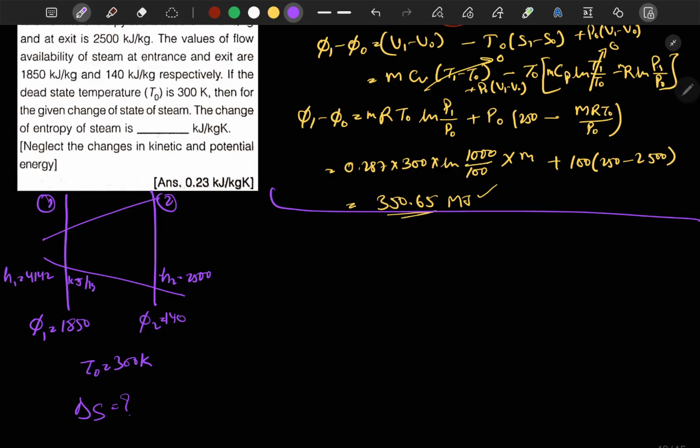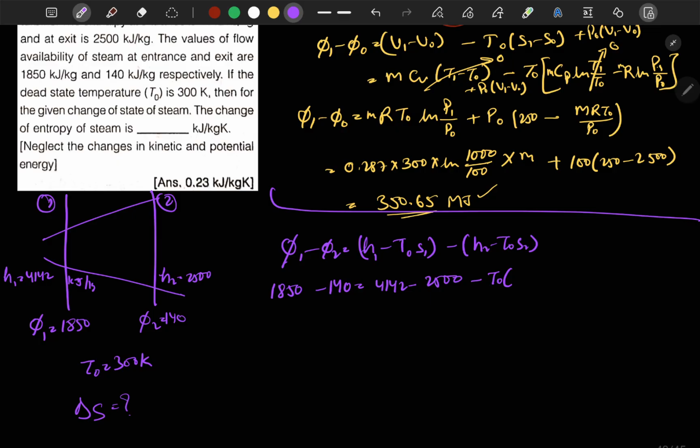Now we can write that this is an open system. For an open system, we can write phi 1 minus phi 2 is equal to (H1 minus T node S1) minus (H2 minus T node S2). From here we can substitute the values: 1850 minus 140 is equal to H1 value 4142 minus H2 value 2500 minus T naught times (S1 minus S2).